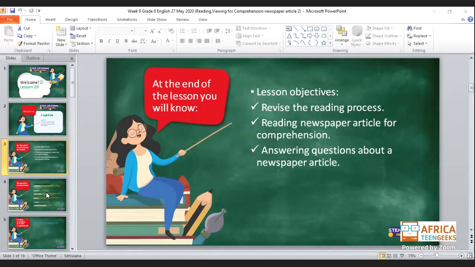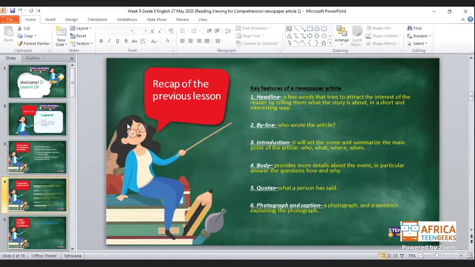But before we go on deeper with the lesson of the day, let us quickly recap what we did yesterday. We learned about the key features of a newspaper article.